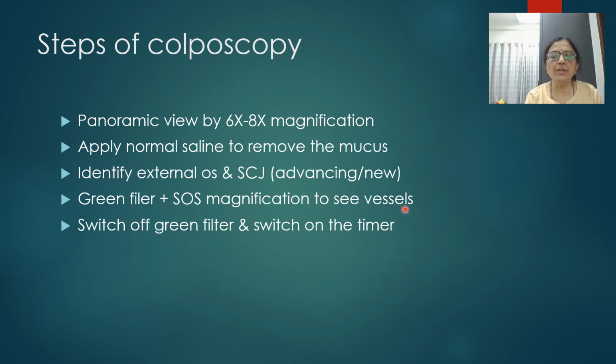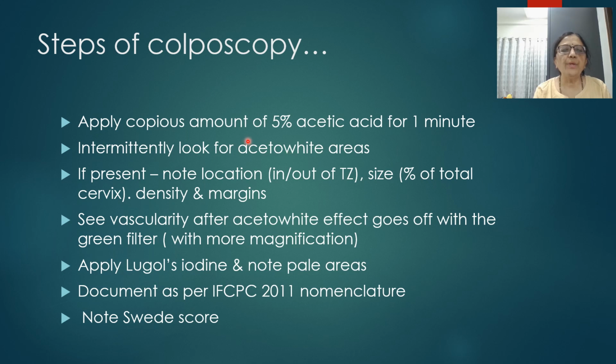Under magnification, we can pick up abnormal vascular architecture, and that helps us pick the area for biopsy. Then we should switch off the green filter and switch on the timer so that we apply copious amounts of 5% acetic acid. It should be applied for a complete 1 minute.